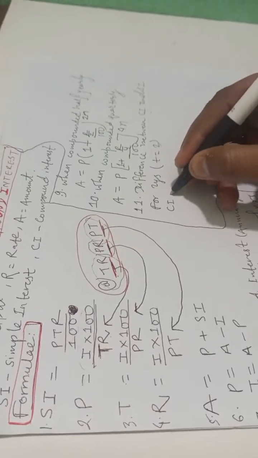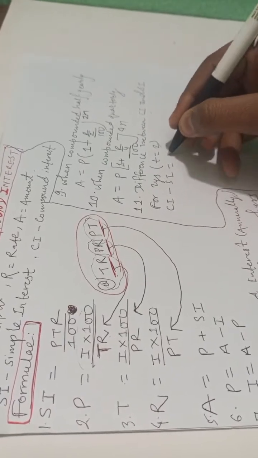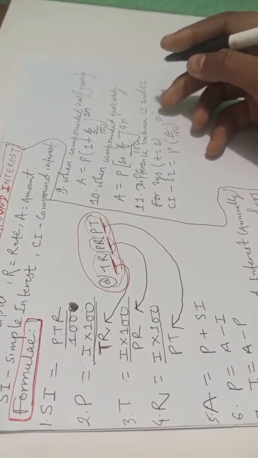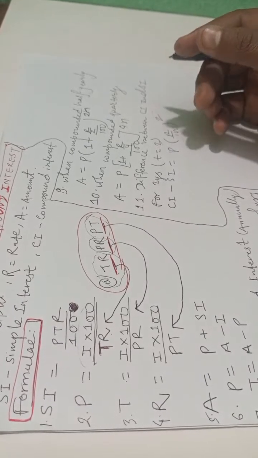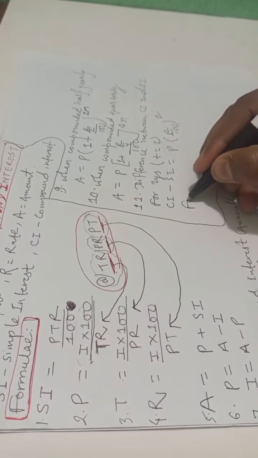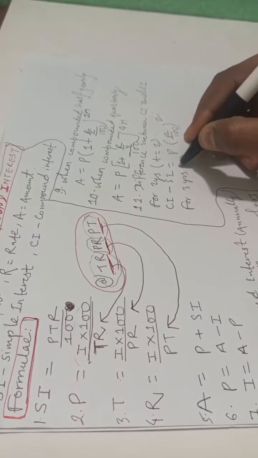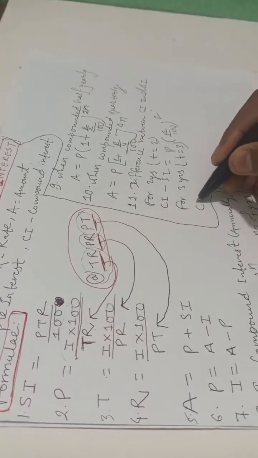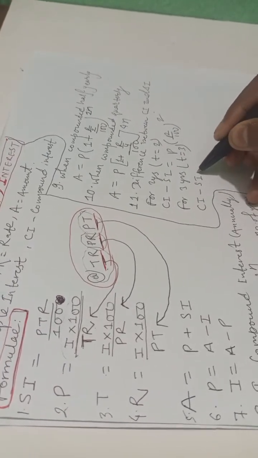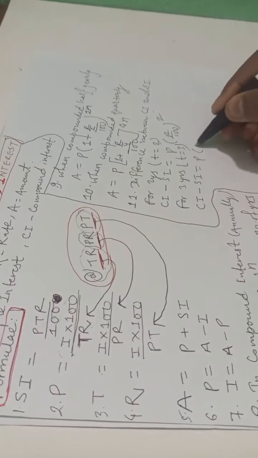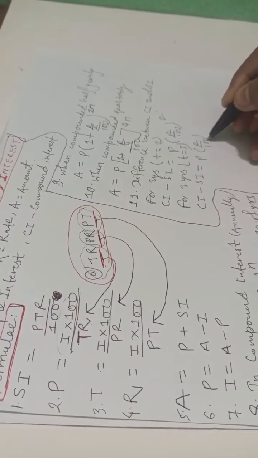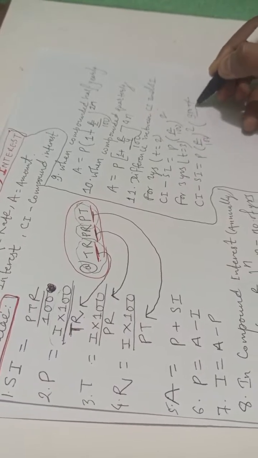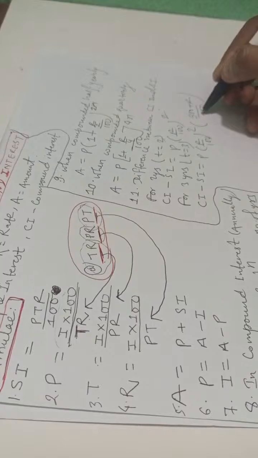Then CI minus SI is equal to P times (R by 100) squared. Suppose 3 years, then time is considered 3, and CI minus SI is equal to P times (R by 100) squared times (300 plus R) divided by 100.